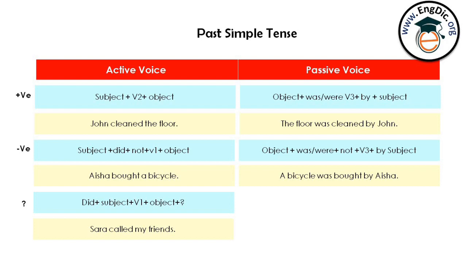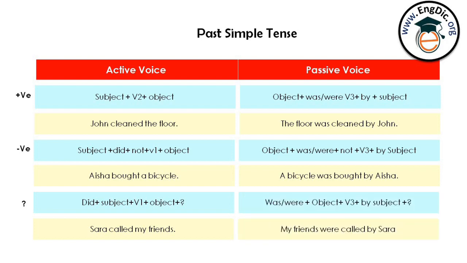The passive voice of this sentence would be was or were in the start of the sentence, then the object, then the third form of verb, then by, and then the subject, and then the question mark, the most important one. Was, were the helping verbs, then the object, third form of verb, by, the subject, and the question mark.